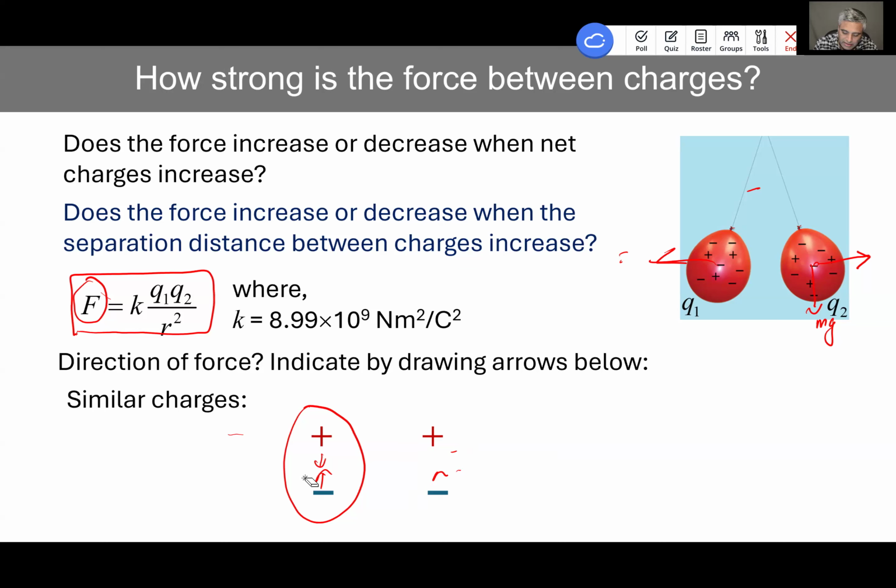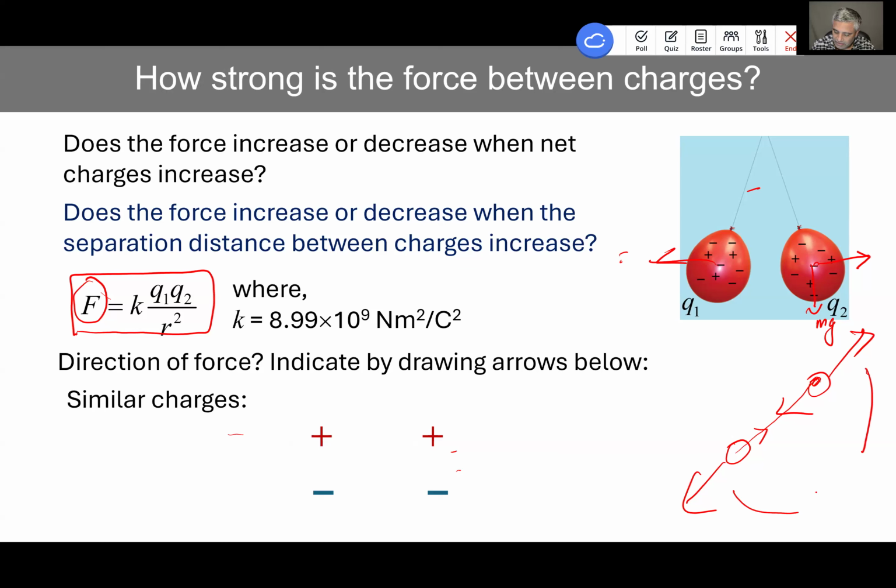So same thing goes here, right? That's how we can draw these forces, again along the same line that connects the charges. So one charge here, another charge here. The line connecting those charges means the force is going to be either that way or that way. Repulsion, attraction, and both repulsion and attraction do not act at the same time.